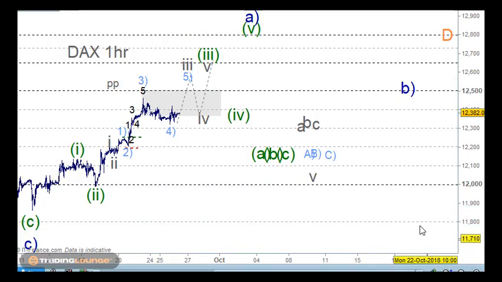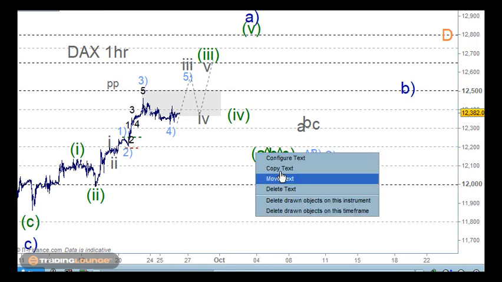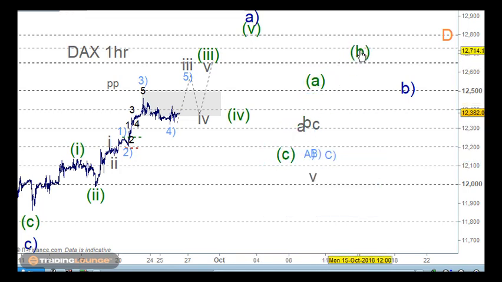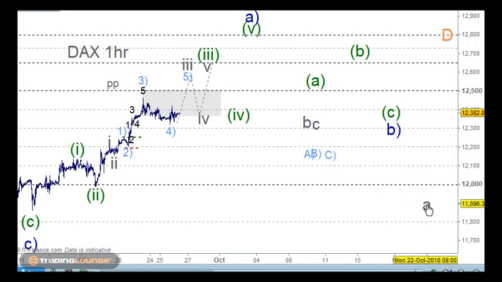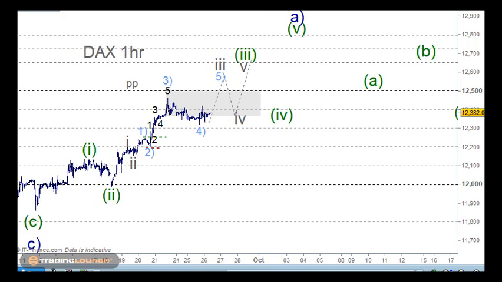In fact, we can just delete that, but we will need this A, B, C here for the B wave, because B waves are always in 3 waves, so that's there. Don't need that. We'll just move these out of the way for the time being. Just your average bloke, a little bit messy.